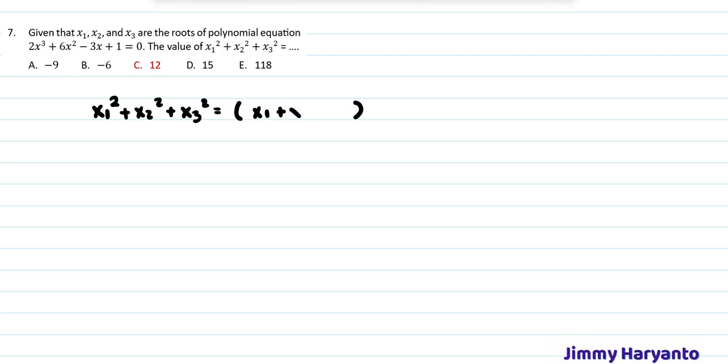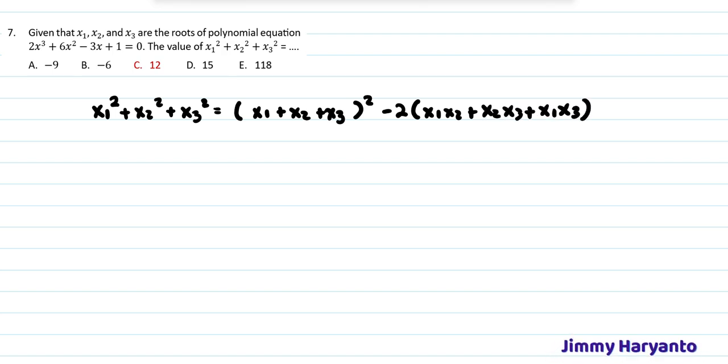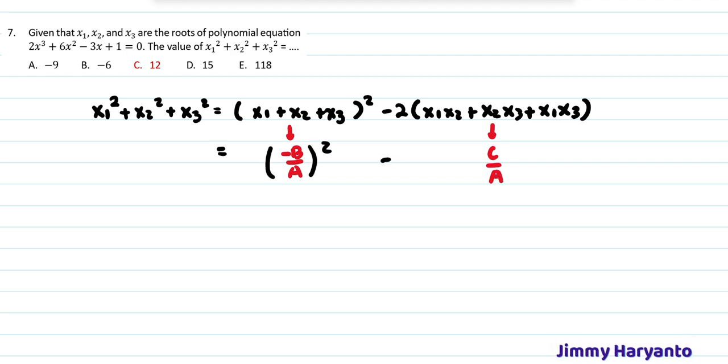The formula is x1 plus x2 plus x3 squared minus 2 times x1x2 plus x2x3 plus x1x3. This one is negative b over a, and this one is c over a, squared, minus 2 times c over a. Just input the numbers.